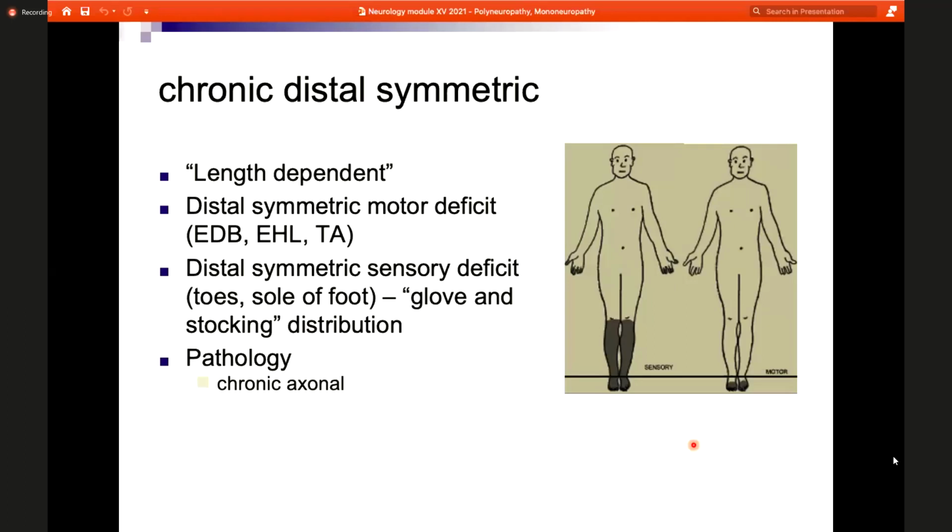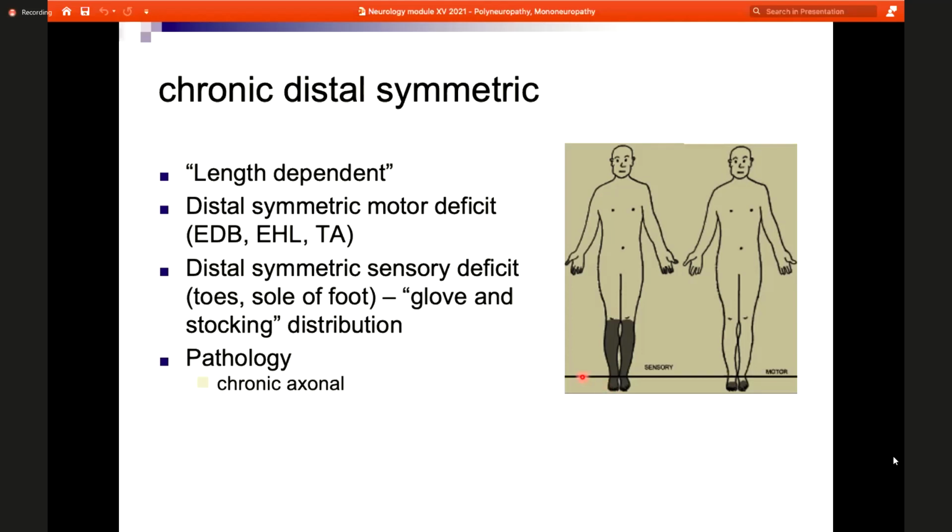In the legs also, the distal-most part, so the toes, will start getting the sensory symptoms, and the weakness, the motor involvement, will start again in the feet. But in the feet, the muscles are the intrinsic muscles, and the patient may not feel the intrinsic muscle involvement, because unlike in the hands, the intrinsic muscles in the feet don't do a big job. So therefore, the motor symptoms in the feet can be a bit late.